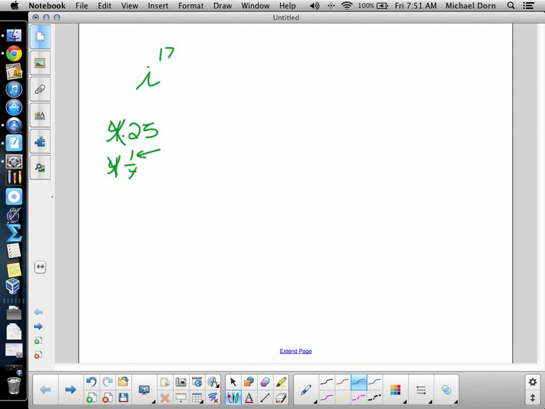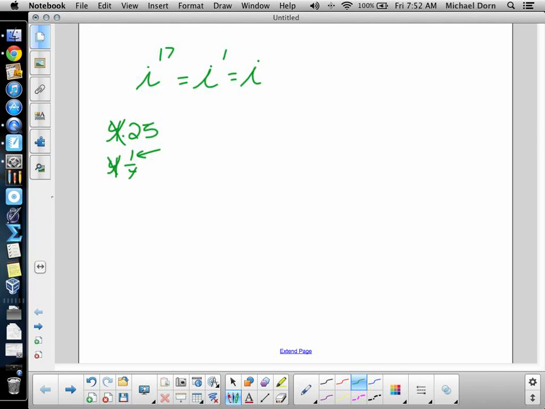The remainder is the 1. 0.25 is 1/4. So that means that this is i to the first power, which is i. A lot of people said negative i on that one.